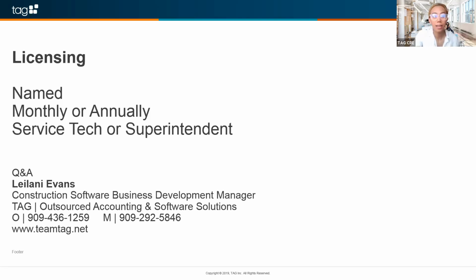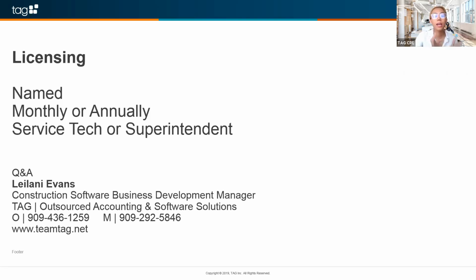It is named licensing, so anyone who is logging in will need to have their own credentials. So people can't be logging in multiple times. Everyone has their own audit trail, and this can be either turned on monthly or annually. Those are the two options for the subscriptions.